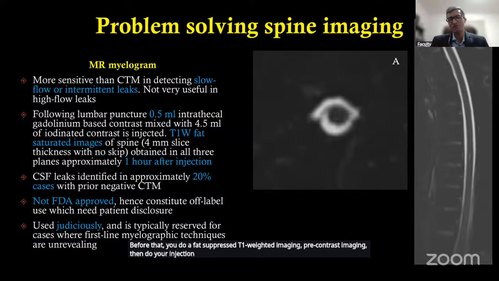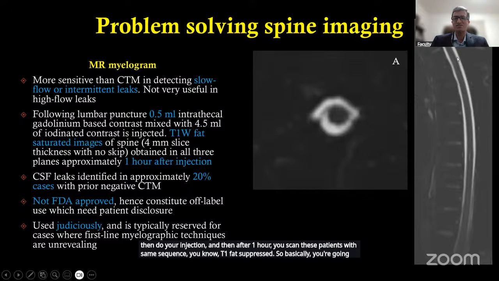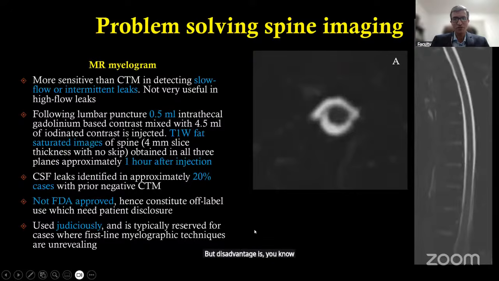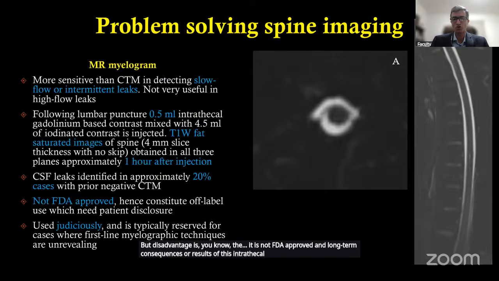After 1 hour, you scan these patients with the same sequence, T1 fat suppressed. So you're going to see CSF enhanced with gadolinium. But the disadvantage is that it is not FDA approved, and the long-term consequences of this intrathecal injection are not known. So we have to disclose that to the patient if you're planning to do these studies.